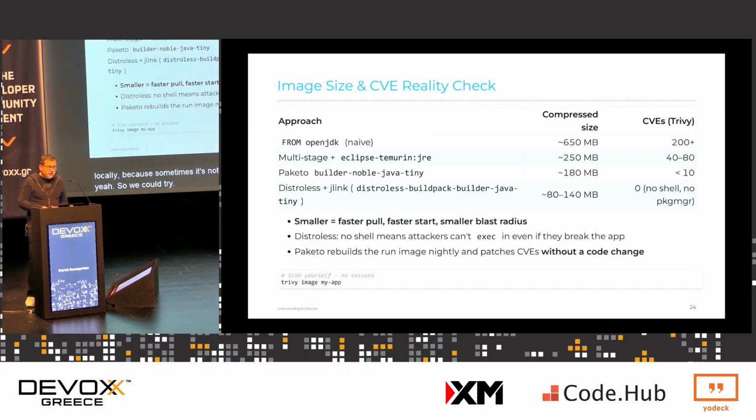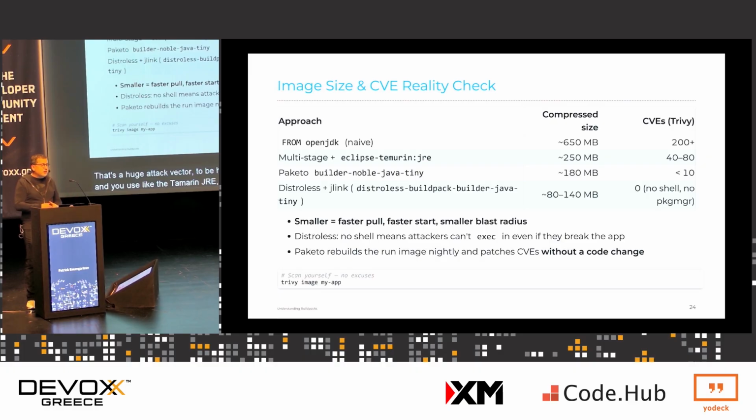Now imagine you do the naive way and say, I'm using the OpenJDK base image, for example. The image size is usually way big. And actually, to be honest, we have at the moment around 200 CVEs in there. That's a huge attack vector. If you're using something like a multi-stage build and you use the Temurin JRE, you can slim it down a bit, right?